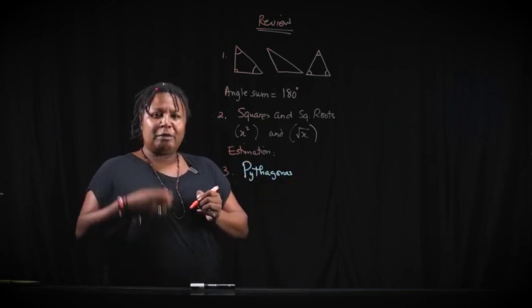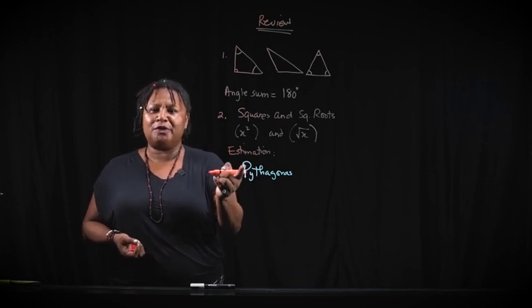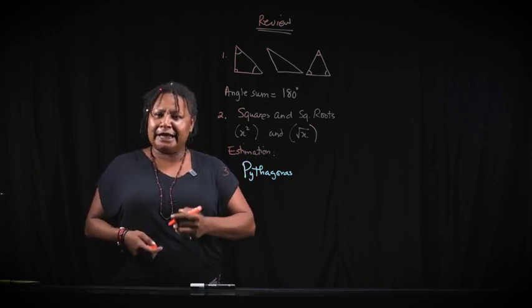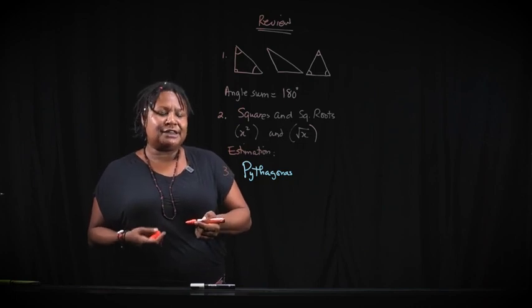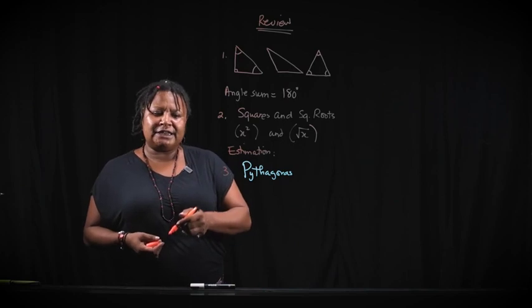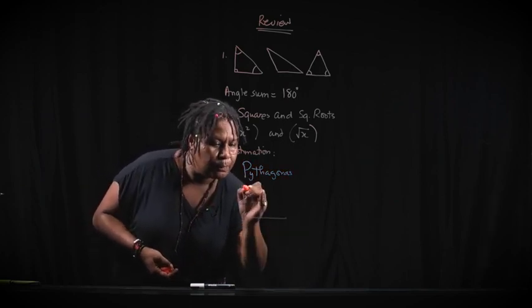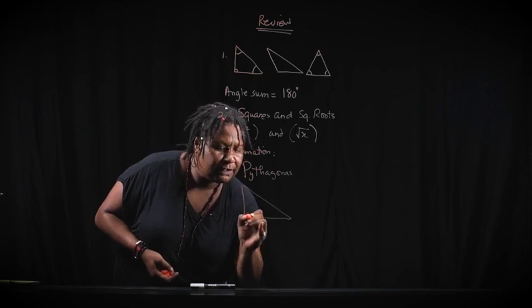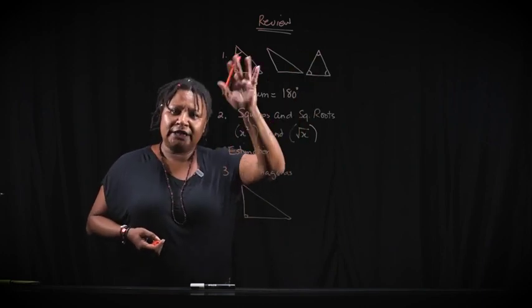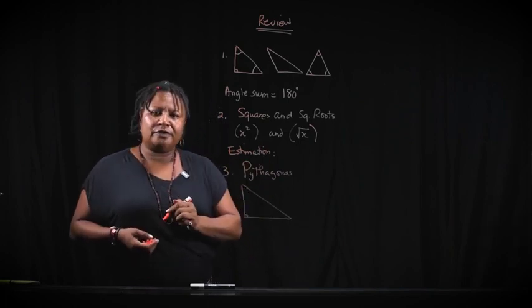Remember, Pythagoras is a person, so we always write this with a capital letter because this is his name. So Pythagoras' theorem is aimed at finding the length of sides in a right angle triangle. We are not looking at the equilateral triangle and any of the other triangles, but specifically the right angle triangle.